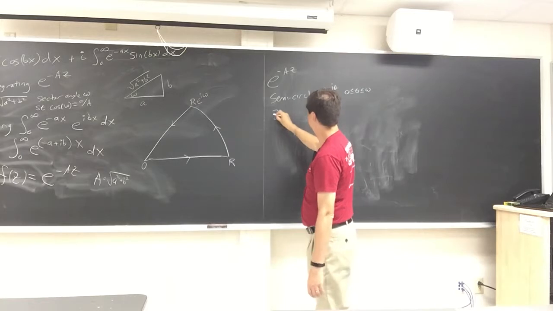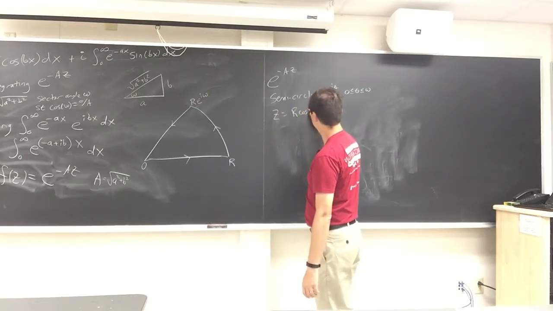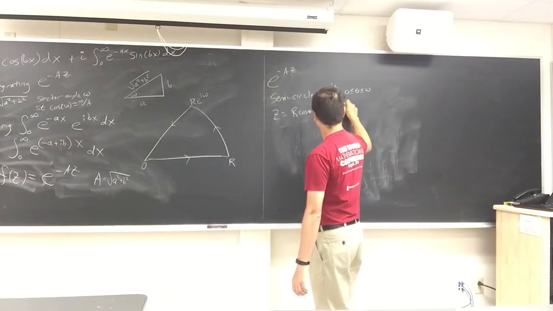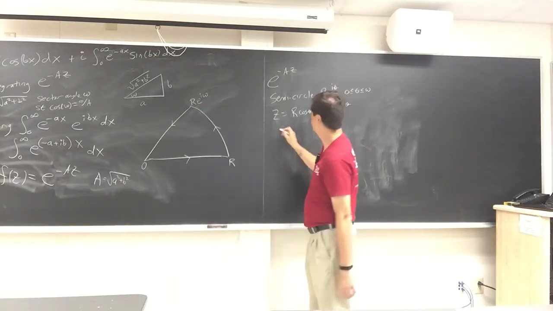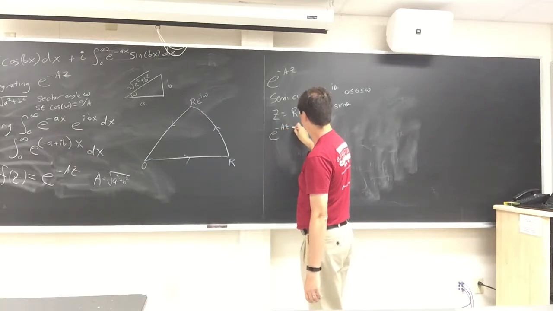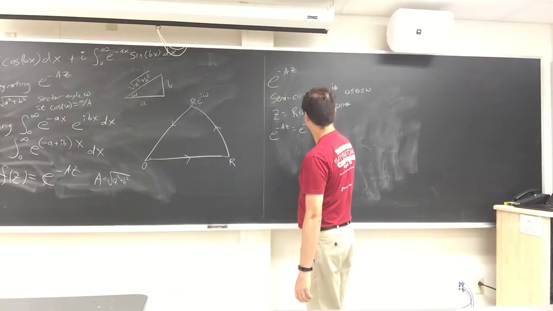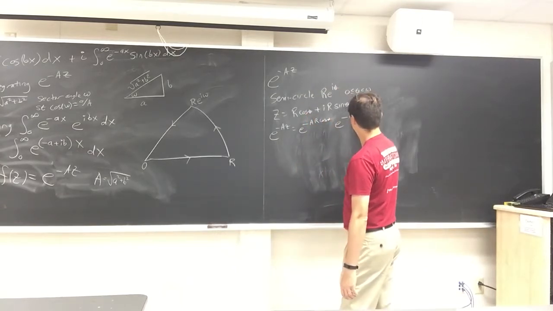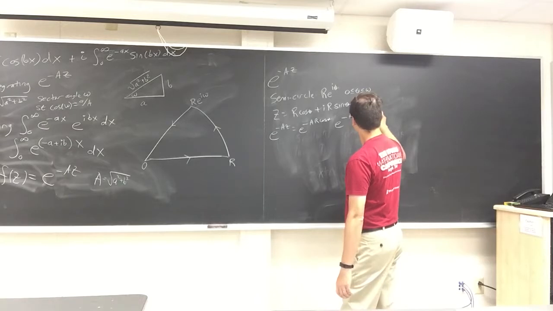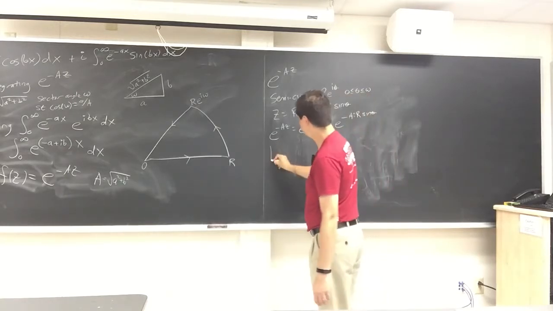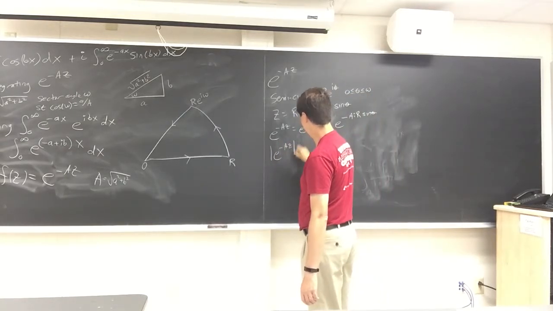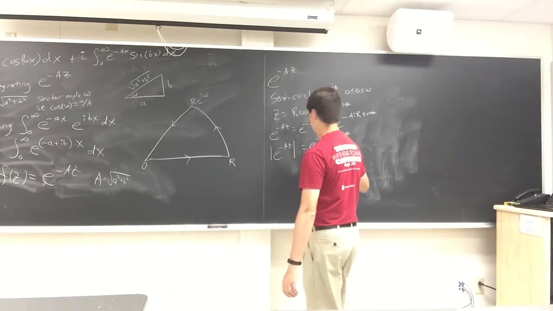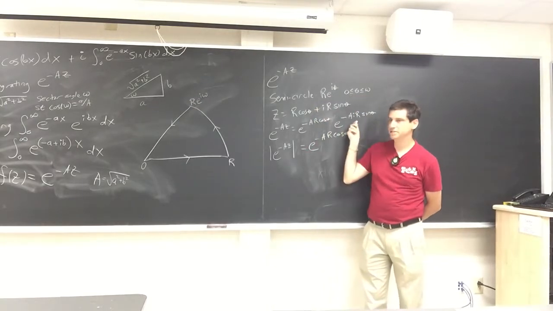So we can write z as r cosine theta plus i r sine theta. So e to the minus Az is e to the minus Ar cosine theta times e to the minus iAr sine theta. So the absolute value of e to the minus Az on the semicircle is just e to the minus Ar cosine theta, because this part has absolute value 1.